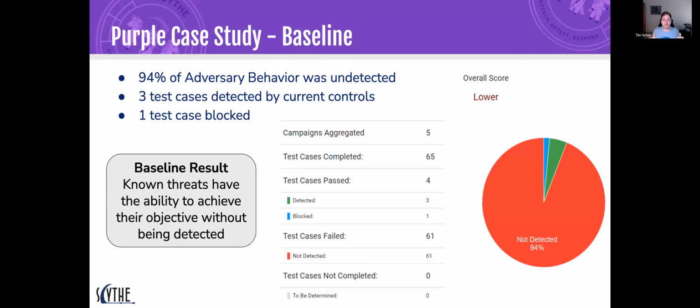Having really tall walls around your internal castle, so to speak, and making sure that nobody can get in. But oftentimes if people do get in, there's not a lot of additional defenses internally. And that was the case here as well. As soon as something got in, there were no detections around it.